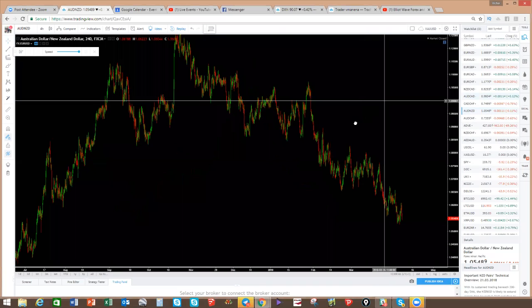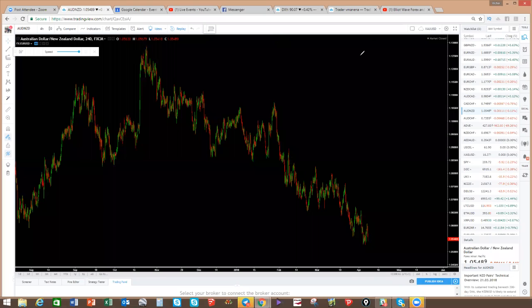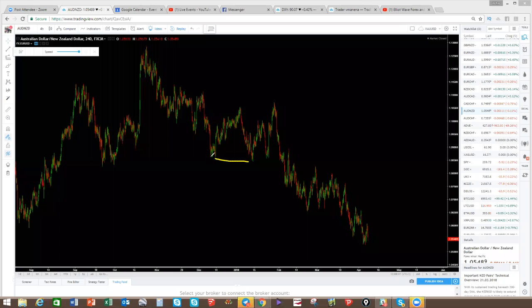If you look at this whole string here, a very corrective string with a big pattern in the middle that looks like a regular flat. And in here, you've got lower degree 1, 2, 3. Similarly, you've got 1, 2, 3.